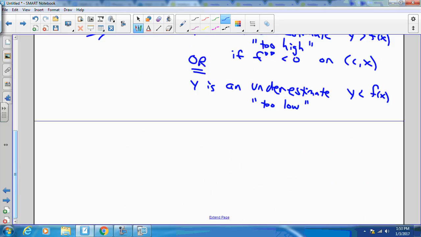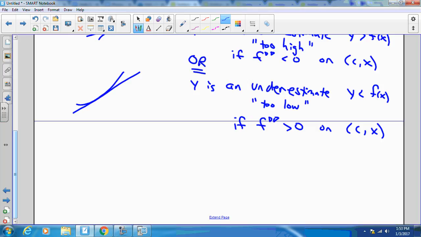On the other hand, if f double prime is positive on the entire interval, including the point of tangency and the point of evaluation, then y will be an underestimate. And you can again draw a picture to see why this is true. Here comes my tangent line, here comes my curve, and my curve increases faster than my tangent line.